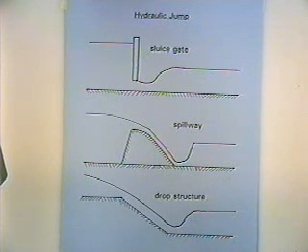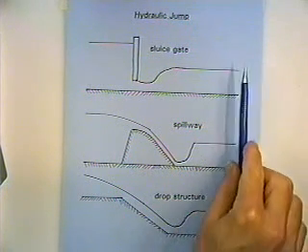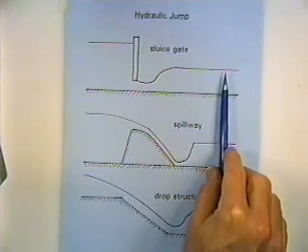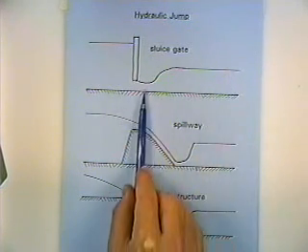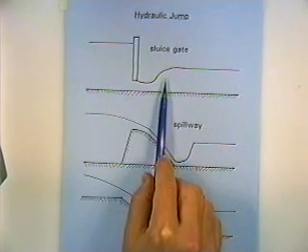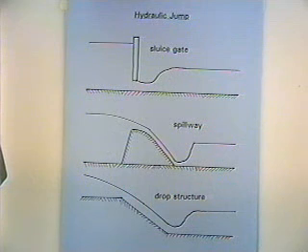The water's really barreling out of that culvert, or out of that conduit, or whatever the gate might be. And then downstream we have tranquil flow, relatively flat slope, subcritical flow, and to get from the supercritical to the subcritical, it's going to do it quite abruptly in a hydraulic jump. Another situation was spillways.